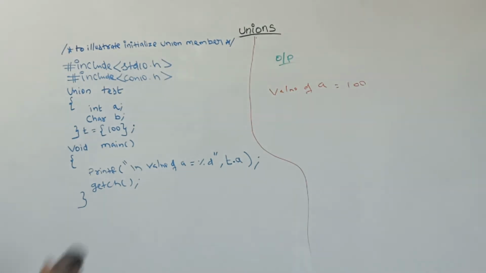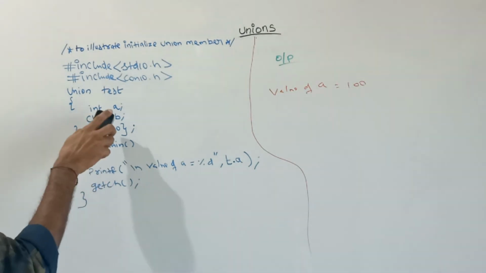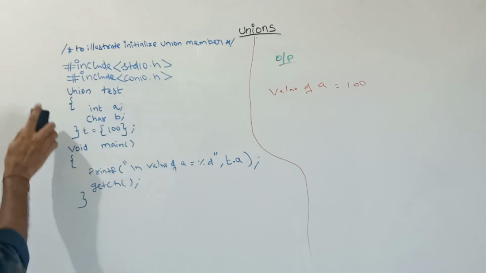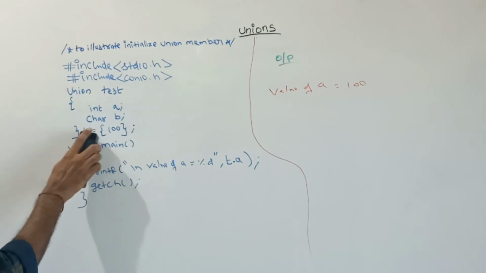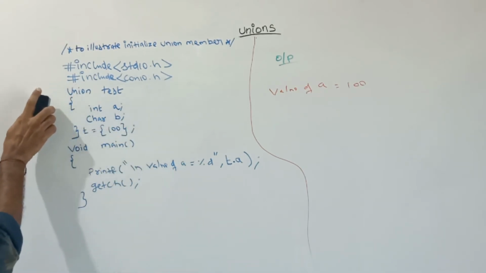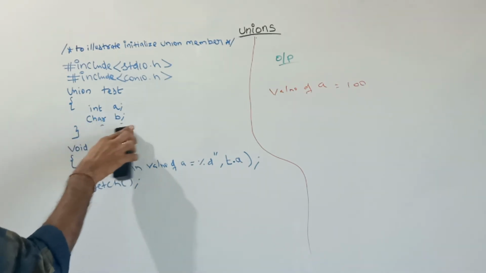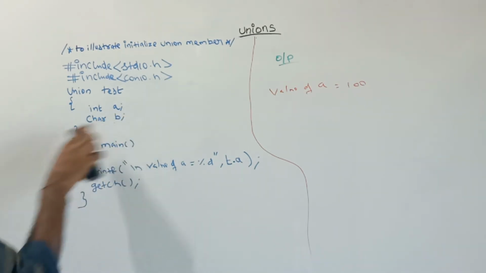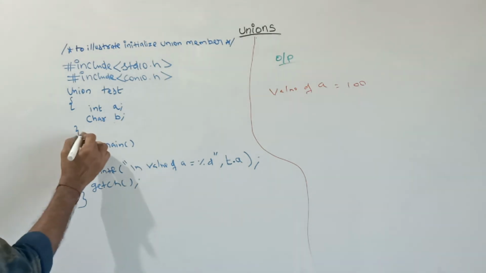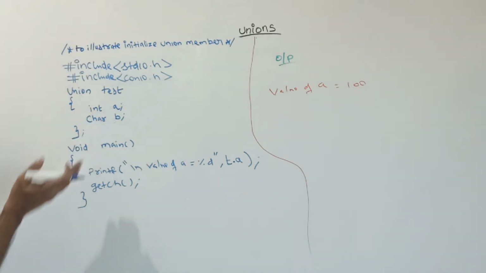See, here we are initializing the value at the declaration part. When we are creating the union, at that time itself we have initialized the value. Suppose you want to initialize outside, then give the semicolon here, that is, I have completed this union.